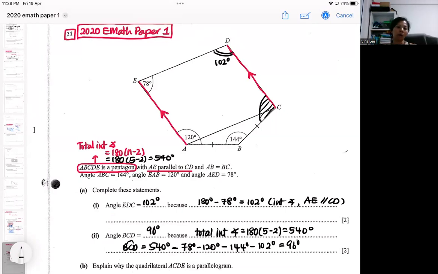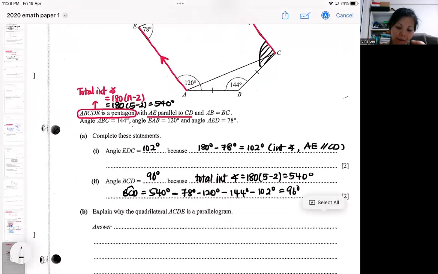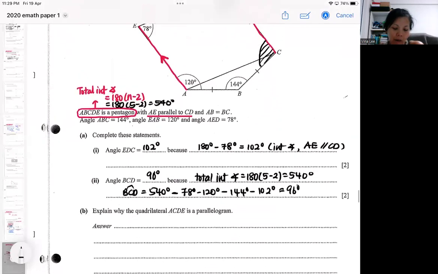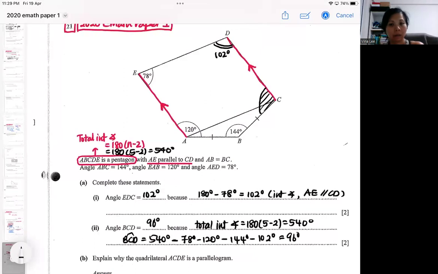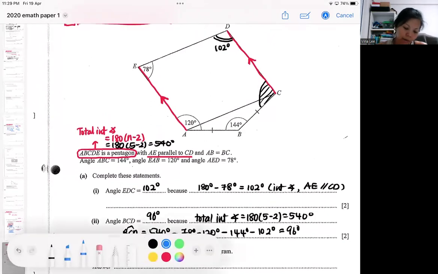Until here, some of you may be able to get this far. Subsequently, the explanation part is the one that a lot of people get stuck on. When you are at the explanation part, you already have the 2 angles that they ask to find. So you need to find out what is the missing thing to make ACDE a parallelogram. So where is ACDE first?